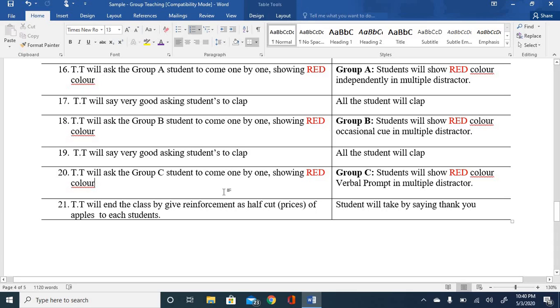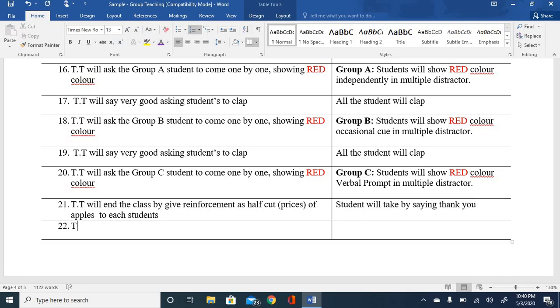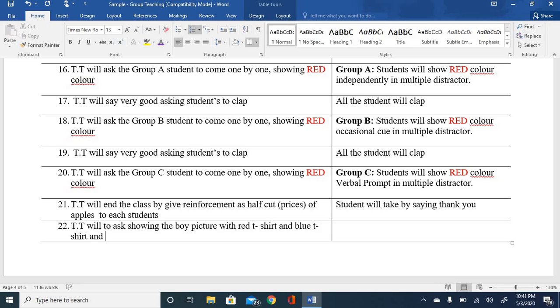So what you have to do, at number 20 before ending your session, or you can just write in this column only, is give one more bracket: the teacher trainee will ask, showing the boy picture with a red t-shirt and a blue t-shirt, to tell or show the red color.